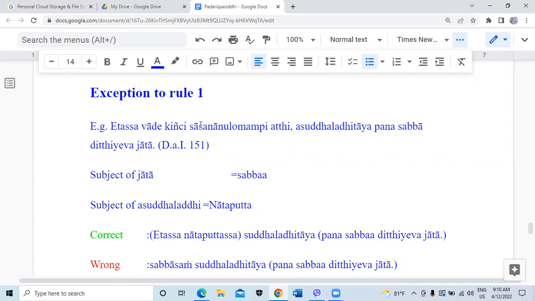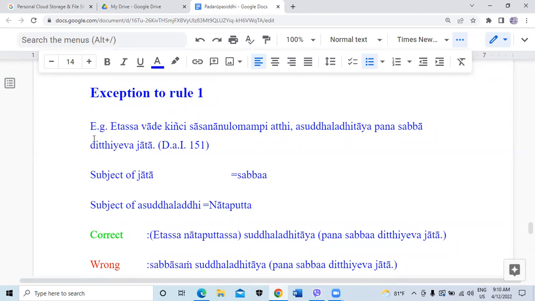But however, Asuddha Laditaya, Sabha Diti Yuva Chana.